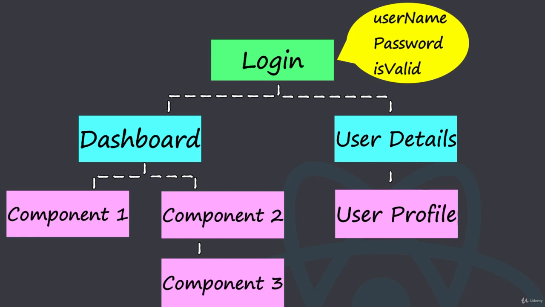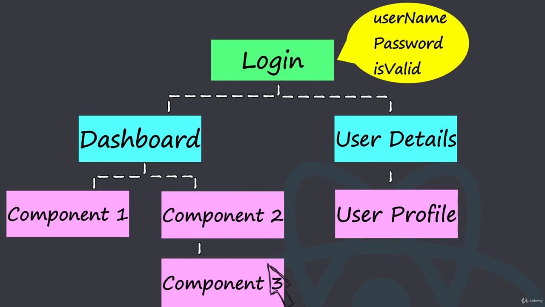So in case you want that valid user data at different components, maybe you need it in this user profile, or you may need it, let's say, at the very last component here. For example, you want to refer to this data in this component 3.